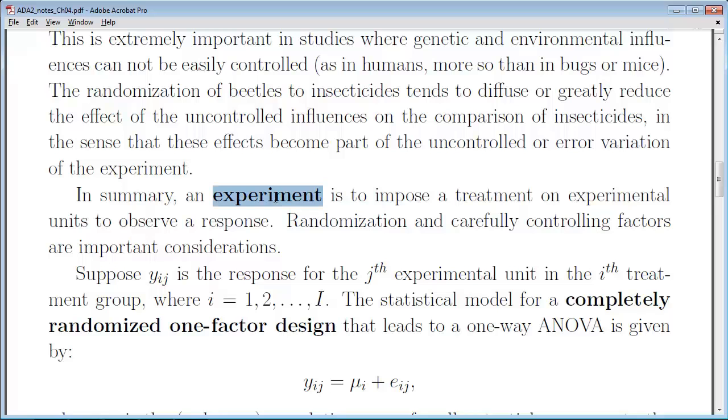And often that distinction is philosophically the difference between whether you can assign causality or not. If you conduct an experiment, then you can say, because you've performed randomization to assure that groups start off the same, that the only way to explain differences after imposing a treatment is that the treatment is responsible for the differences.